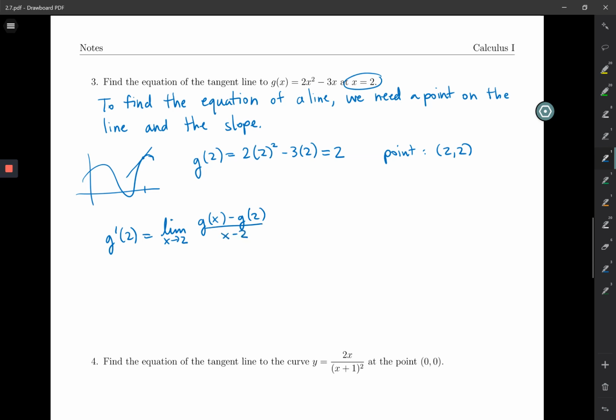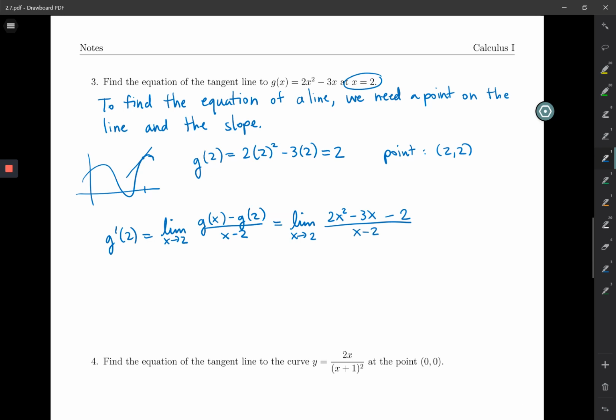Okay, now we just plug in the formula for g of x, so that's 2x squared minus 3x, and then it will be minus g of 2, but we already computed that, so we'll just write in 2, and then in the denominator that will stay the same.